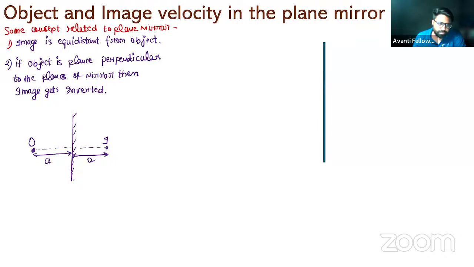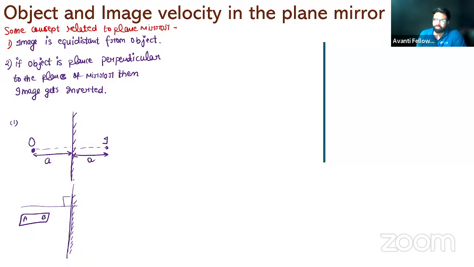Now, what I said in the second point, this is for the first point. We have an object like this. This point is A, this point is B. So I have told you, if the object is placed perpendicular to the plane of the mirror, this object is perpendicular to the plane of the mirror. You can see here 90 degrees. So I have told you that the image will be inverted.